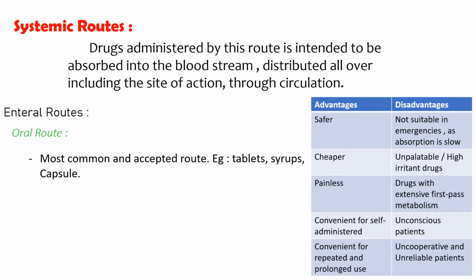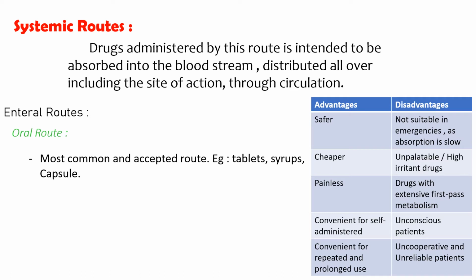So here I have listed out the advantages and disadvantages of the oral route. What are the advantages of the oral route? It is safer, it is cheaper, it is painless. Self-administration is possible. We can use this route for prolonged use and repeated use.